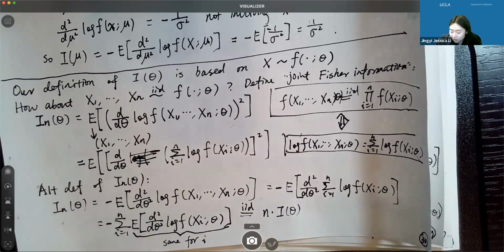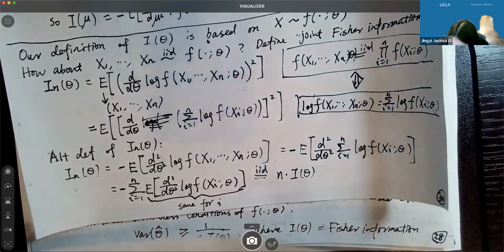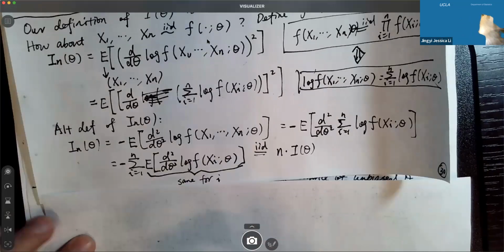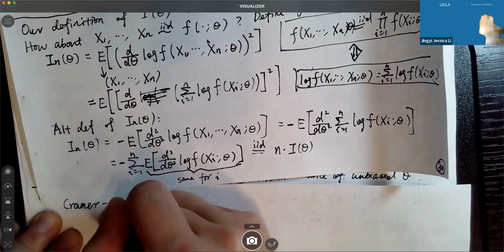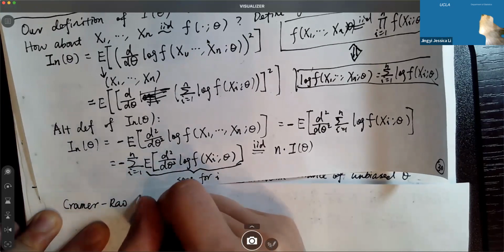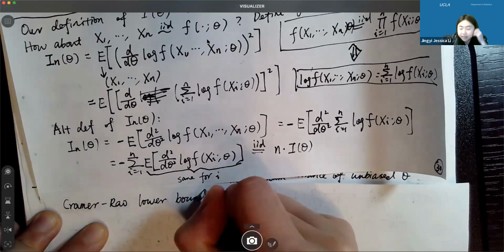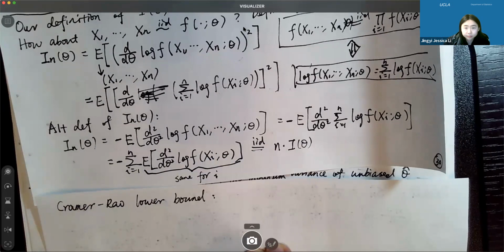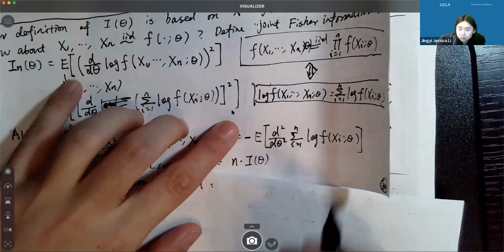So with this, coming back to the Cramer-Rao lower bound. Why did we go with the product from i equals 1 to n?